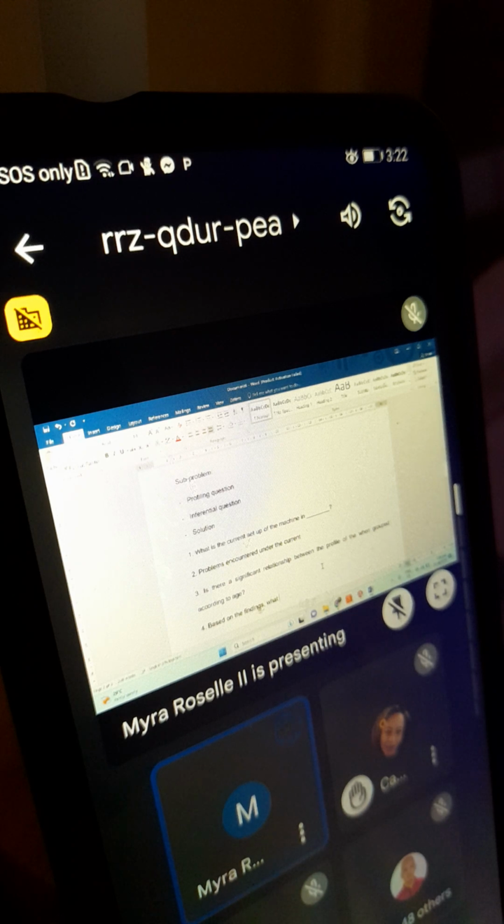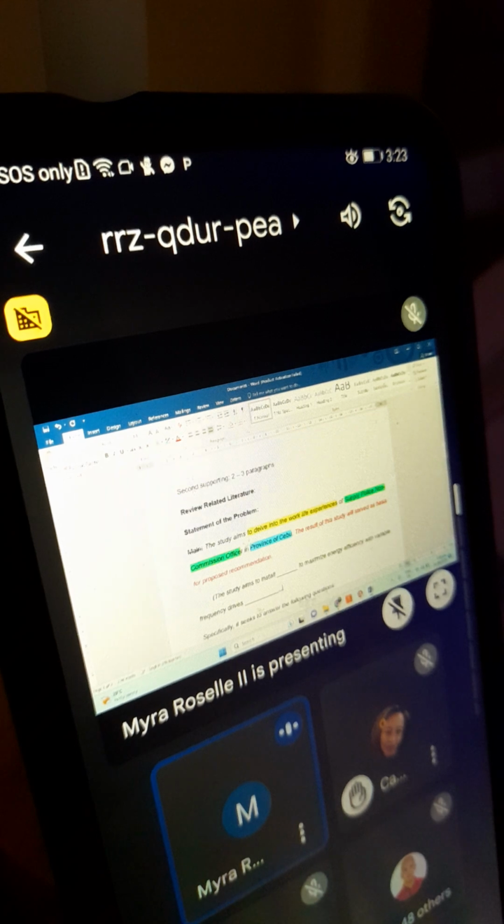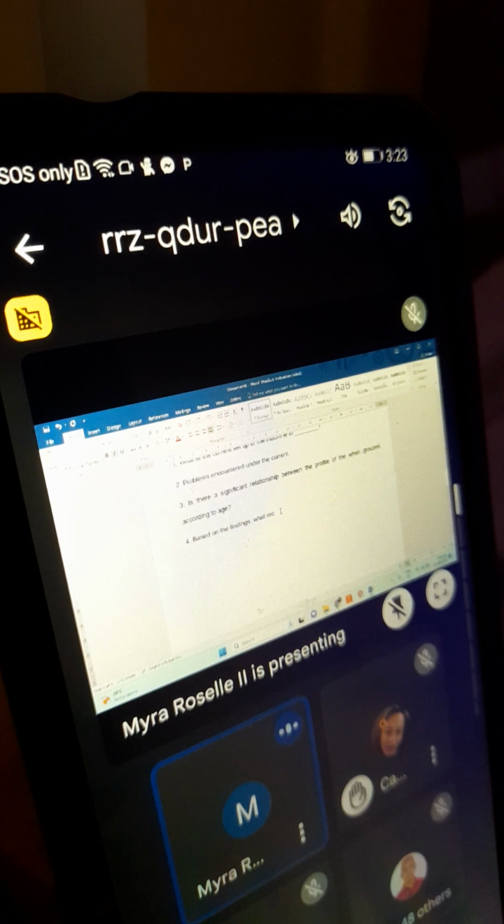What recommendation, if you're going to do a recommendation, or it's based here: the result of this finding will serve as basis for a proposed recommendation. Or you can also have here a proposed action plan. Okay? So that would be the last under your statement of the problem.